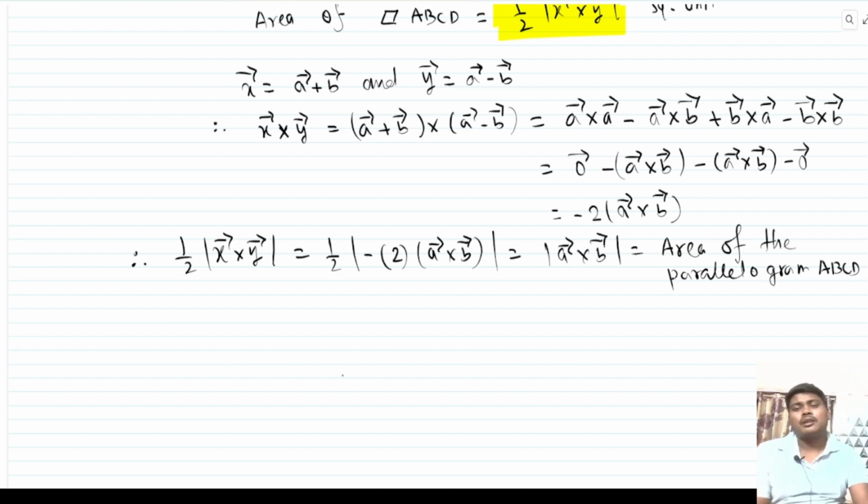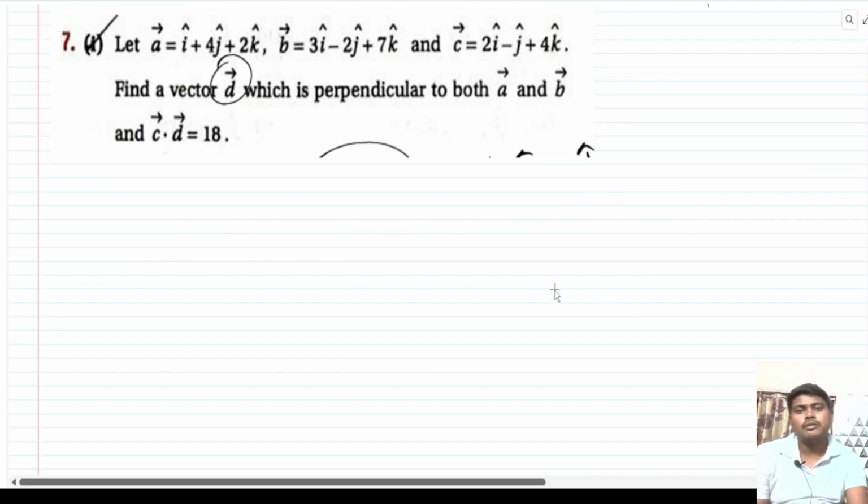Now we solve a few important problems from cross product of vectors. This question is very important for higher secondary students. Vectors a, b and c are given. Find a vector d which is perpendicular to both a vector and b vector, and c dot d is equal to 18.